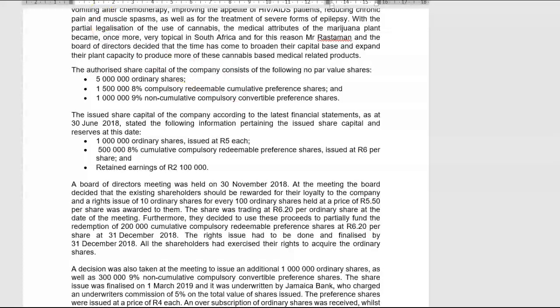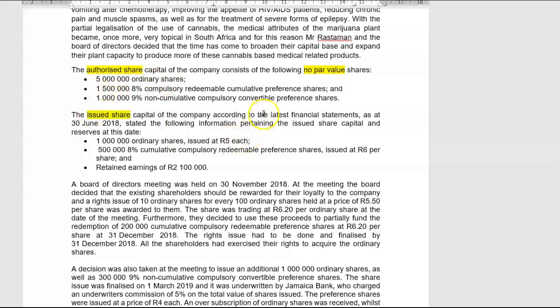The authorized share capital of the company consists of the following: no par value shares, 5 million ordinary shares, 1.5 million 8% compulsory redeemable cumulative preference shares, and 1 million 9% non-cumulative compulsory convertible preference shares.